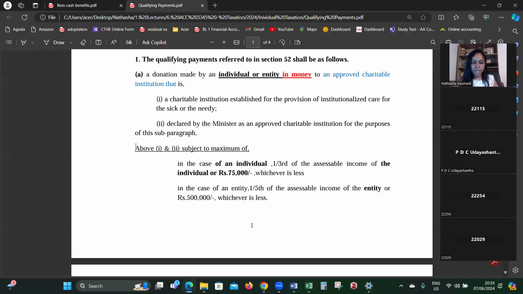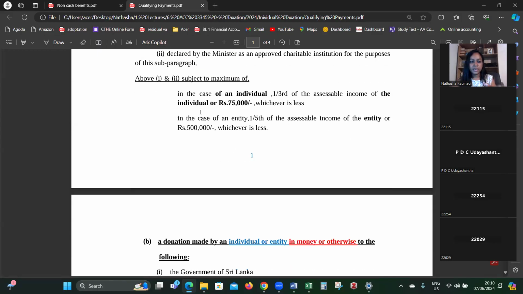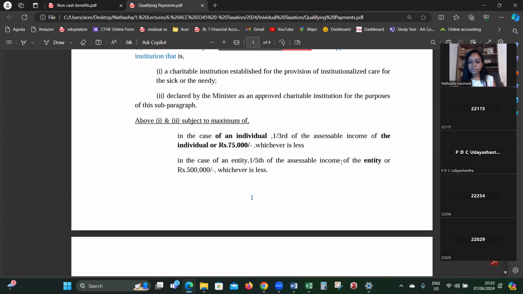Now it says this is how you claim it, subject to a maximum of, in the case of an individual. Now there are two things: in the case of an individual and in the case of an entity. So in the case of an individual, 1/3 of the assessable income of the individual or 75,000 rupees, whichever is lower.